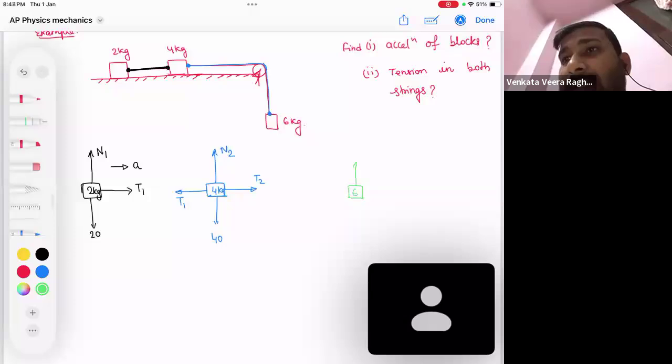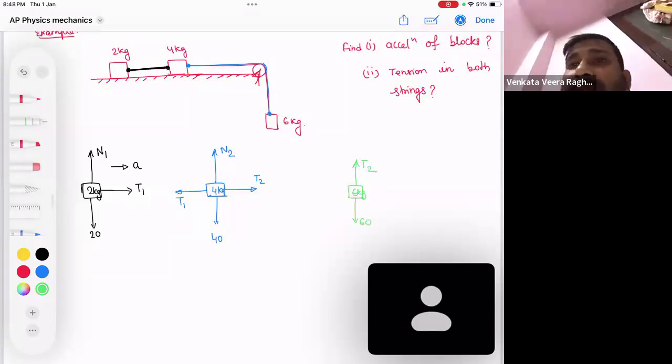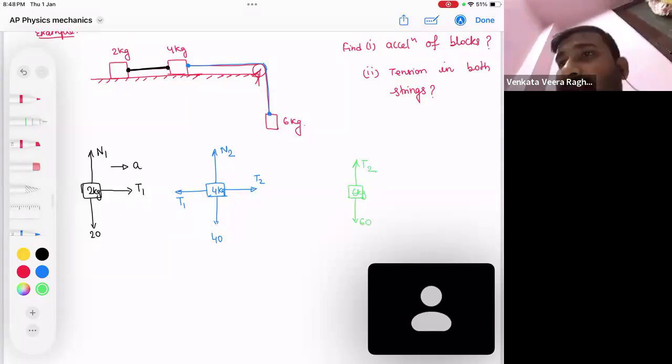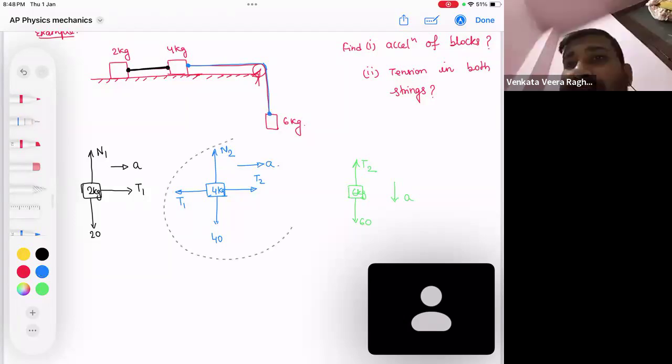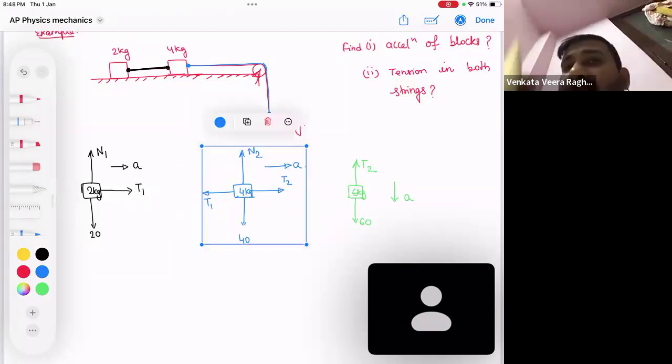What forces are acting on that? The tension T2 and weight 60. That's it. What is the acceleration of this one? A downward. What is the acceleration of this one? A towards the right. Please tell me, is the free body diagram of all three blocks clear? Because once the free body diagram is clear, then we can write the equations.